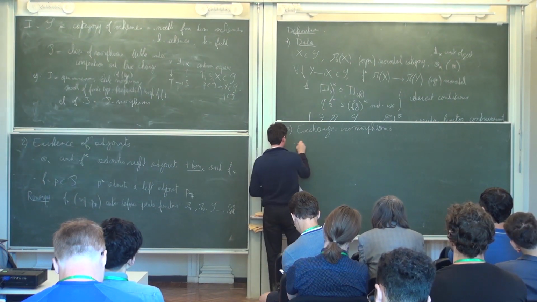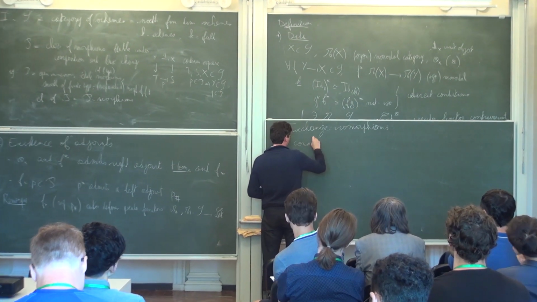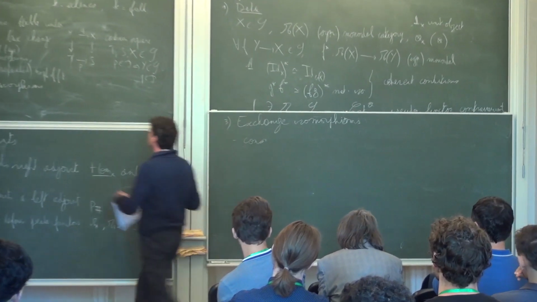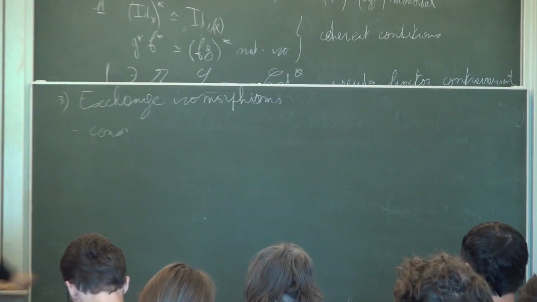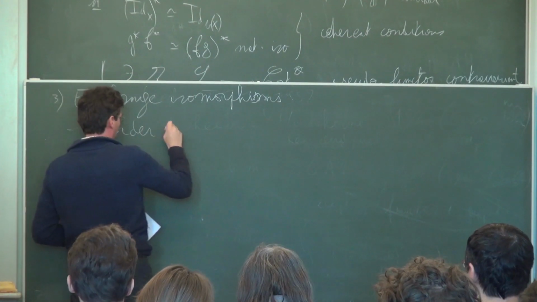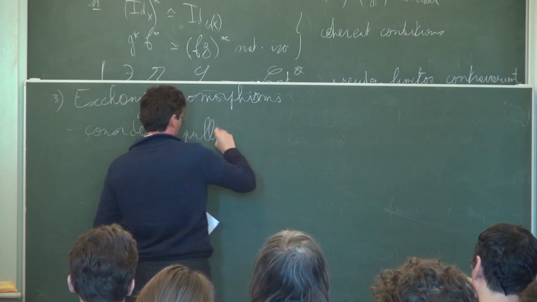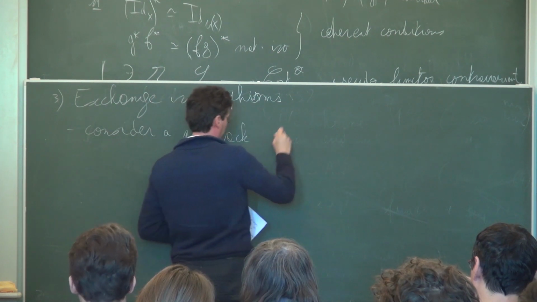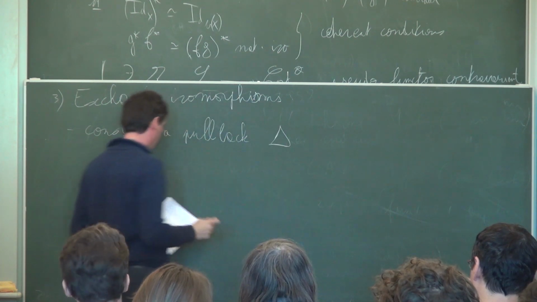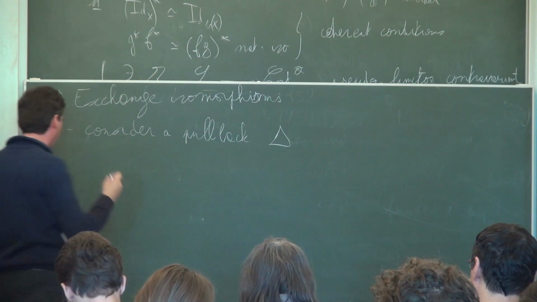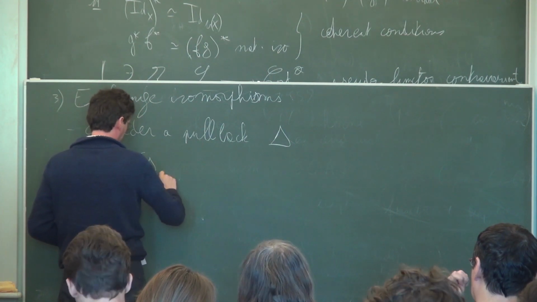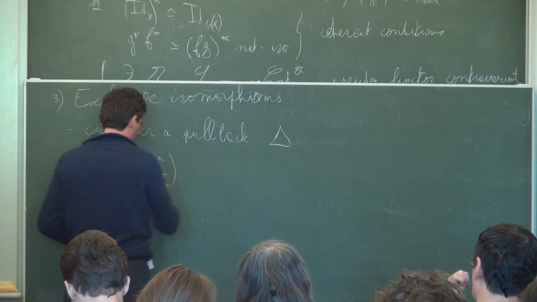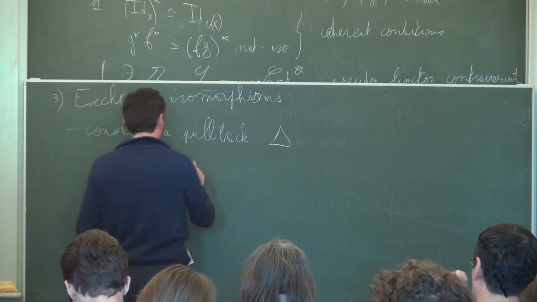So the first one is that we consider a pullback square Δ as above. Then you can define a natural transformation that I will denote Ex_Δ^{♯,*}.